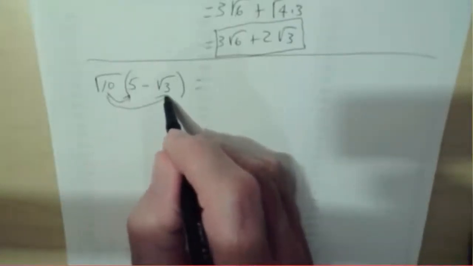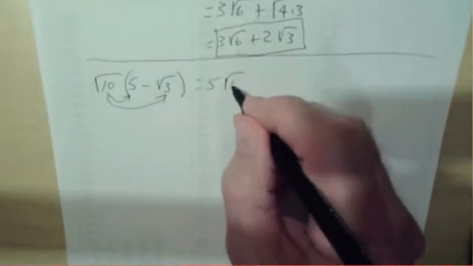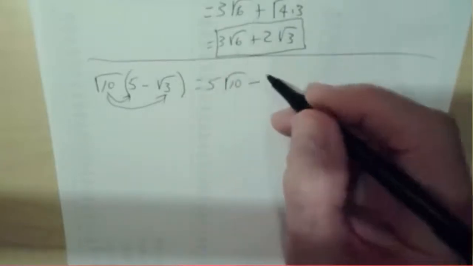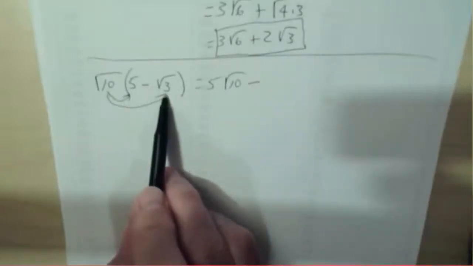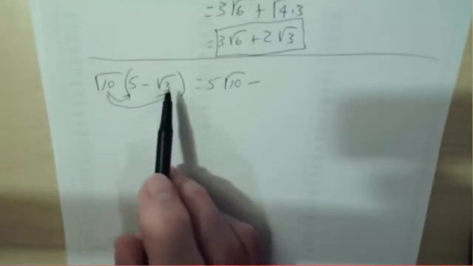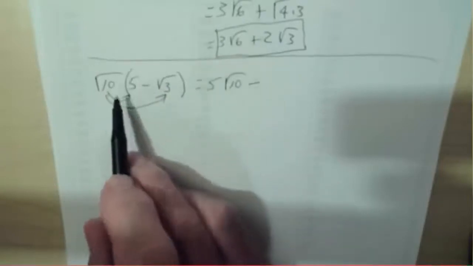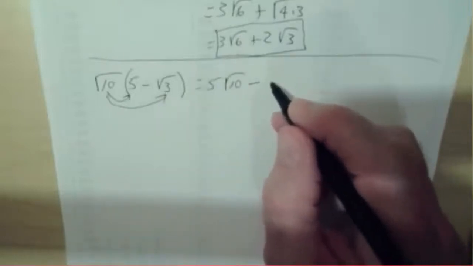Distributive property. We have 5 square root 10 minus. Now remember, when we have a square root, the indexes are the same. They're both 2's. So we can multiply these two. Minus, was that 30?